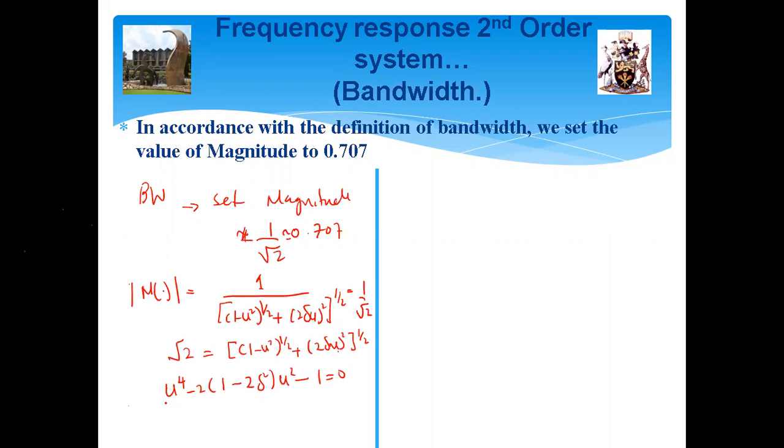So this u is the one which will give you the bandwidth. So solving for u, you can use the quadratic equation.